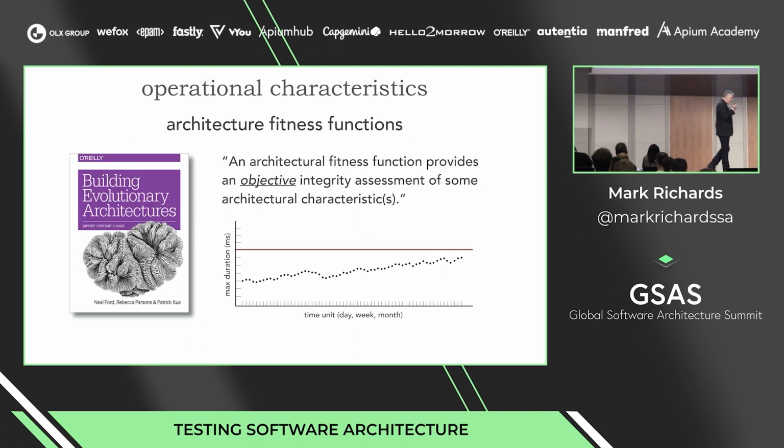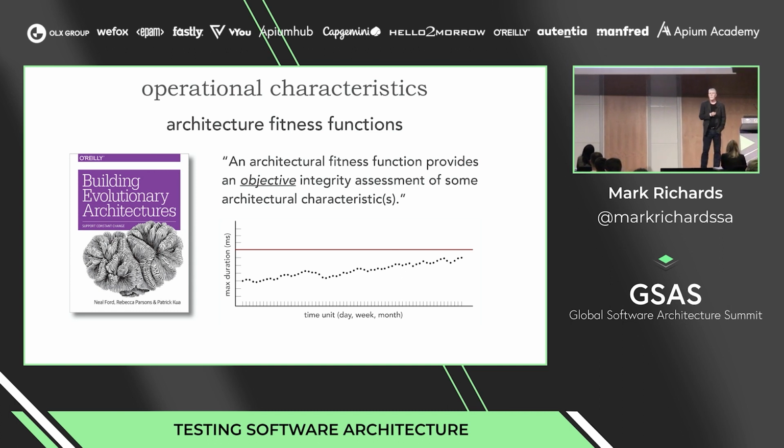So one way to actually then measure these operational characteristics is something that I'm sure all of you are going to hear so much about in these next 2 days in a lot of talks. And those are things called architectural fitness functions. Now, this was first coined in the book Building Evolutionary Architecture by my friend Neil Ford and then Rebecca Parsons and Patrick Kua.